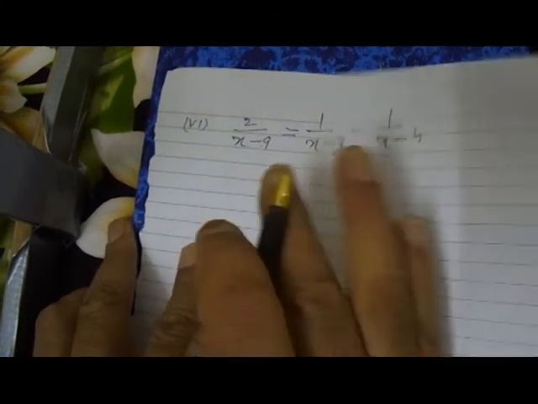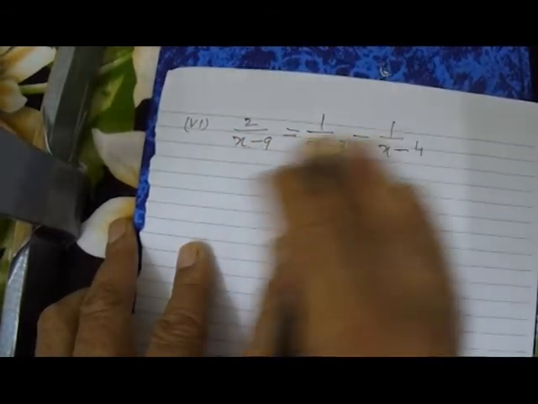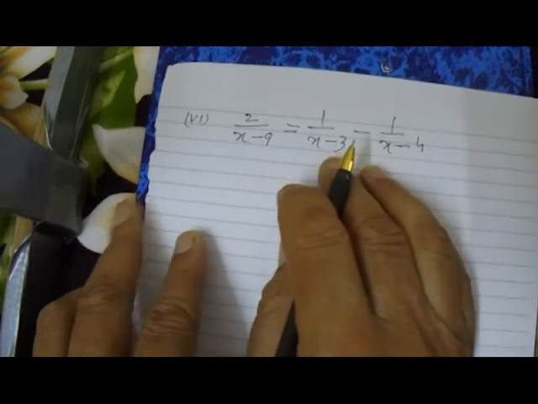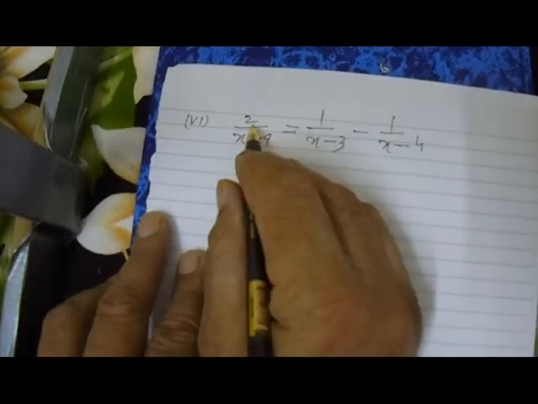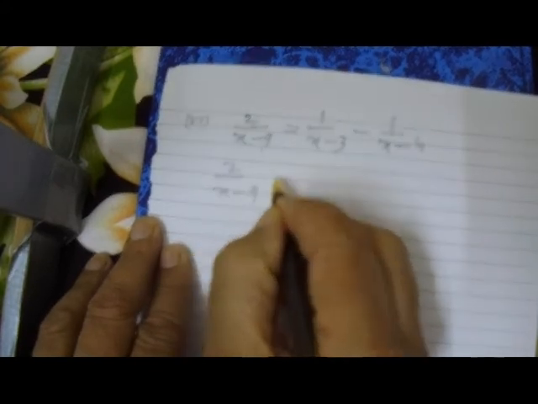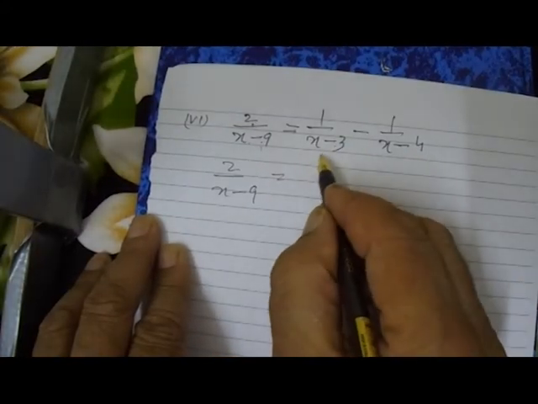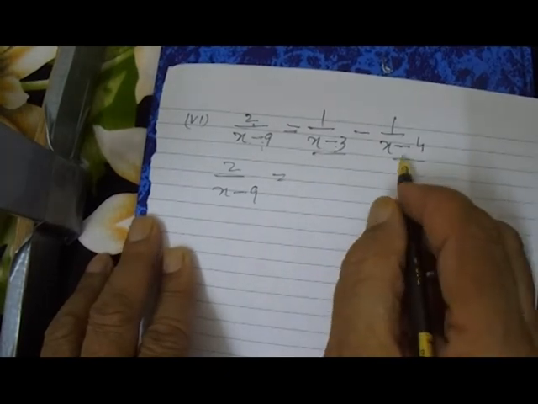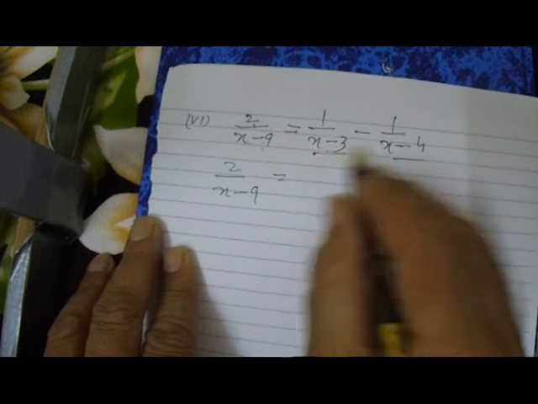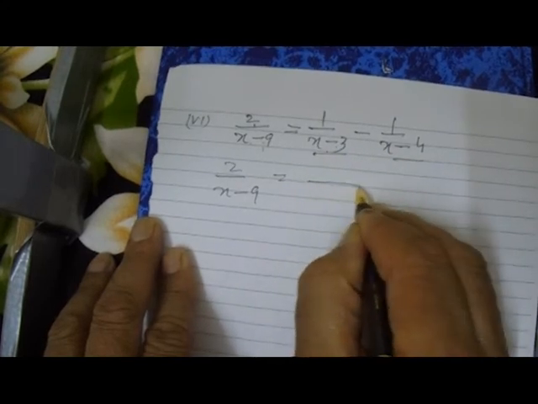First we write these fraction expressions, the algebraic expression, in the standard form of the quadratic equation. Now we write the same 2 over x minus 9 is equal to. Now we see here this is x minus 3, this is x minus 4. We make the LCM and take both terms as LCM.